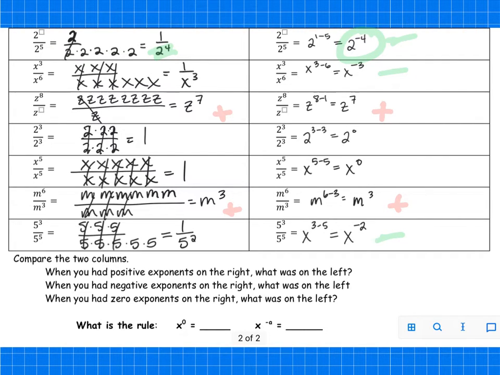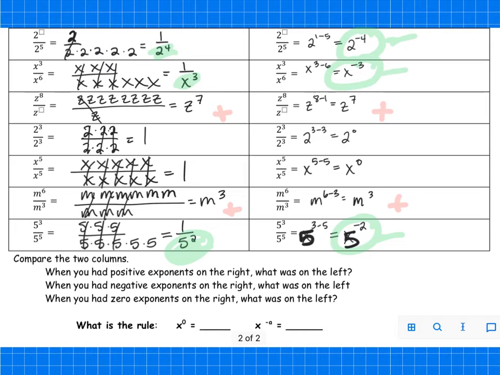Same thing happened here. 2 to the negative 3rd, I had 1 over 2 to the 3rd, x to the negative 3rd, I had 1 over x to the 3rd. Down at the bottom, that shouldn't have been x. This was 5 to the negative 2, my apologies. Ended up with 1 over 5 to the 2nd on the other side.